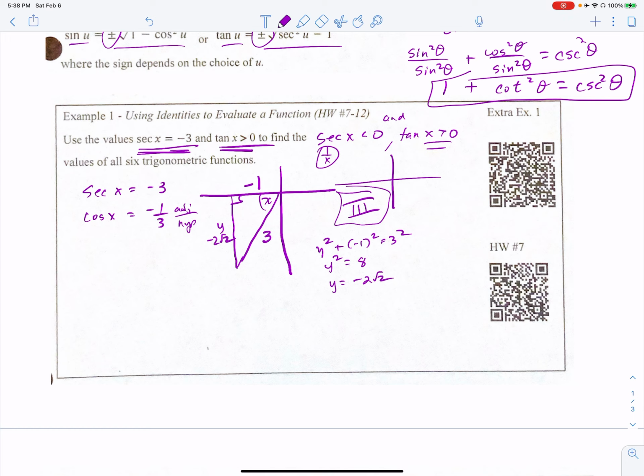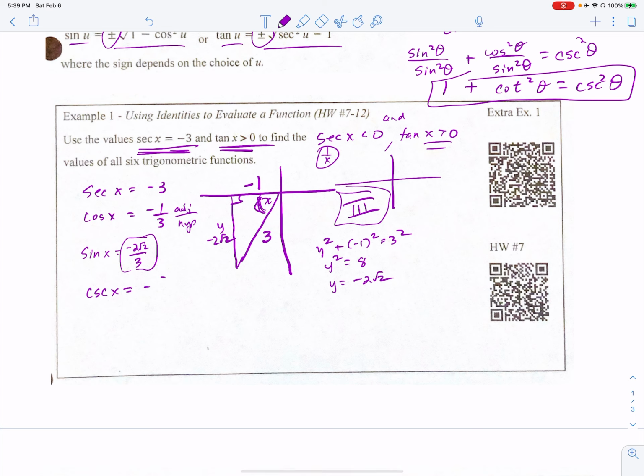And so now we can find all 6 trig functions. So we've got secant, we have cosine. How about sine of x? Sine, using this as our reference angle, is opposite over hypotenuse. And then if I do cosecant of x, cosecant is the reciprocal of sine.